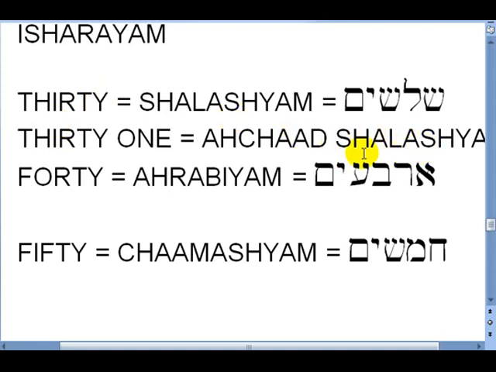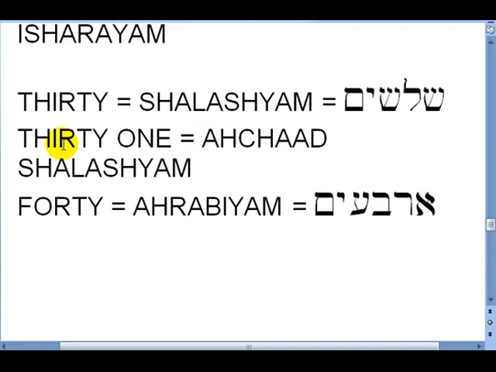Shanya, which is 2, Shalash Yum is 30, so that would be 32. And it's the same thing. You just keep adding the first number, the number 1 or 2 or 3, at the beginning, and then you add the Shalash Yum, which is 30, at the end. Same thing with 20, same thing with 40, same thing with 50, all the way down.